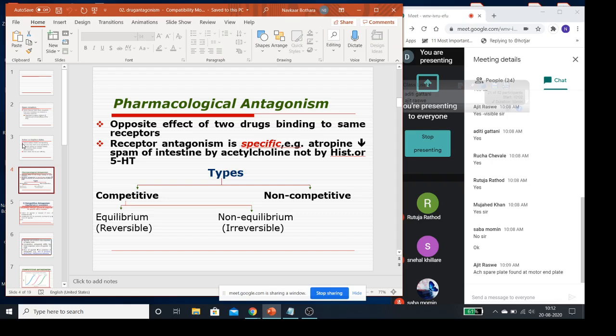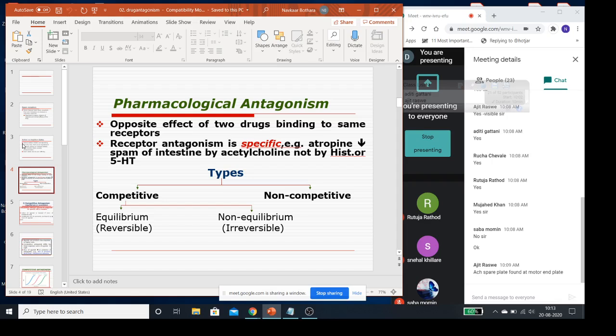It can be reversible or it can be irreversible. In case of competitive it can be reversible or irreversible, and in case of non-competitive also it can be reversible or irreversible. Now competitive means where the agonist and antagonist compete for the same receptor.